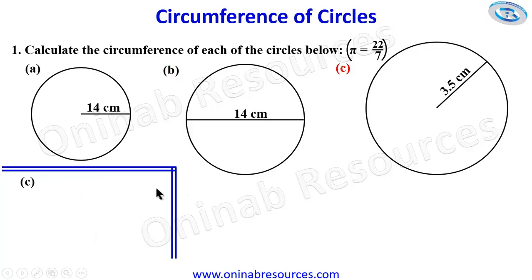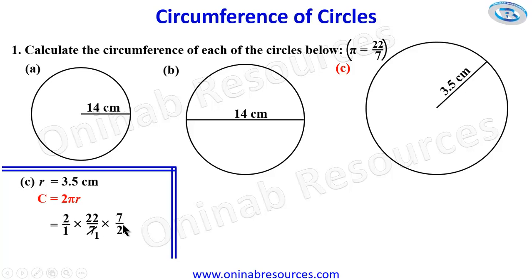So we then go to C. For C, our radius is 3.5 centimeters, and our formula is 2 pi r. Substituting into the formula for circumference, we have 2/1 times 22/7, then multiply by 7/2, since 3.5 as an improper fraction is 7/2.